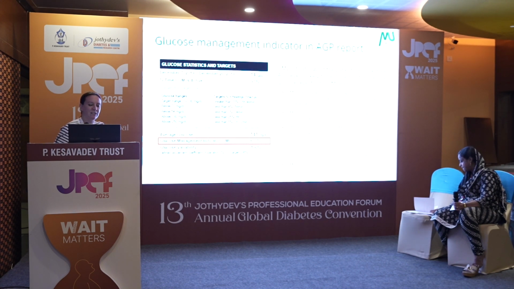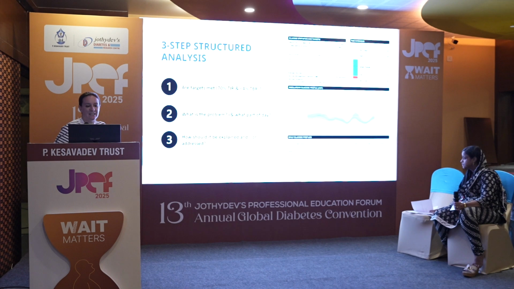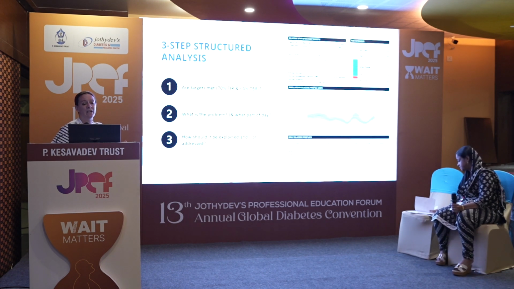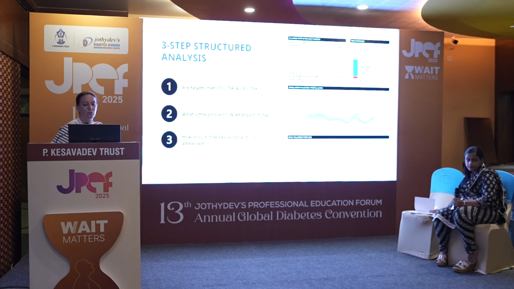So the glucose management indicator is really focusing on the CGM data. And as a last part of the lecture, just really keep it simple, make the three-step analysis: look if the targets are met, look if you have too much hypoglycemia, try to see what is the main problem, and explain that to your person living with diabetes.